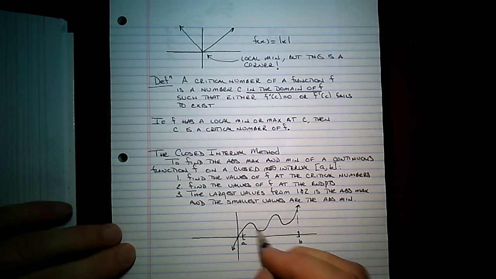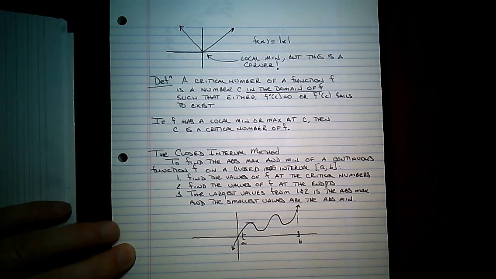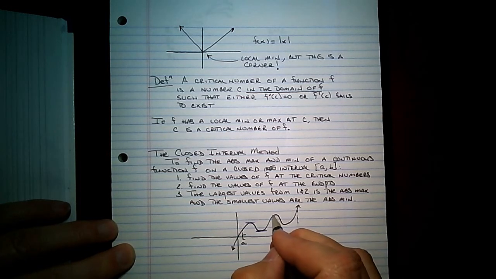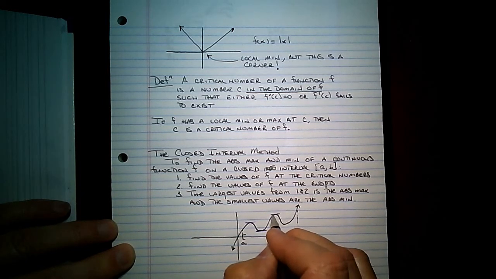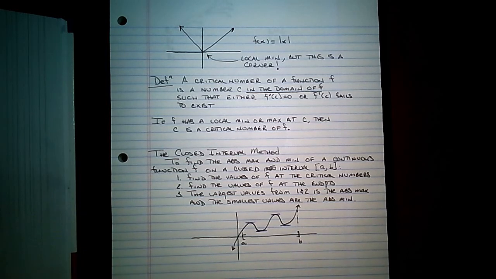So we know the derivative is going to be 0 here, and here, and here, and here, because the slope of the tangent line is 0 there. So step 1 says find the values of f at the critical numbers.